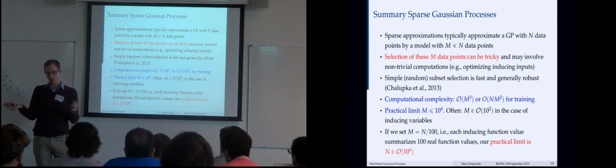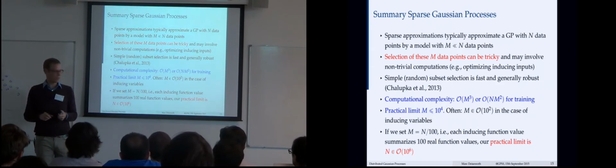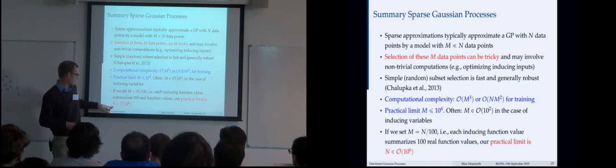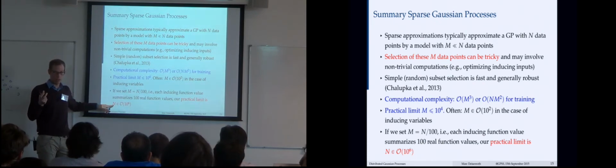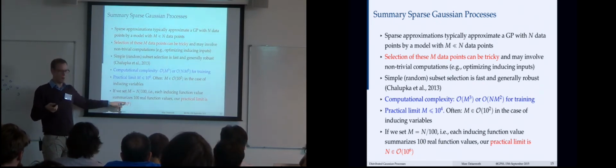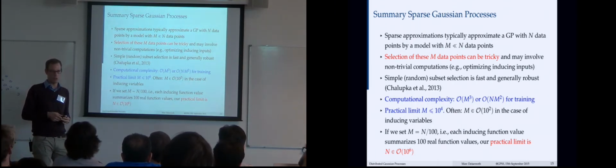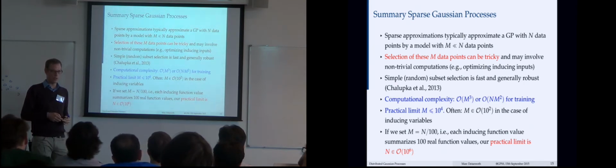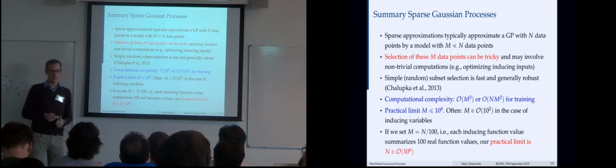If we can compress 100 original data points into one of these inducing variables, then this pushes the size of the original data set to about 1 million. I think this is also the maximum I've seen, on the order of 1 million, a few million data points. But that is pushing the limits quite far. At least for the time being, I think that, as a ballpark number, is about right.